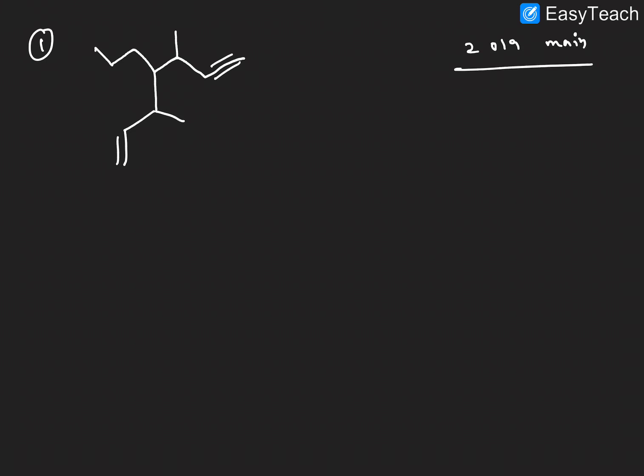The first rule is to select the longest chain, right? So here, the functional group, this is 1, 2, 3, 4, 5, 6, 7. We already know the priority order: C=C double bond is more than C≡C triple bond, so we want to follow this. Another chain is also possible with equal number, but whichever chain has the functional group, we take as the parent chain. So this is the parent chain.